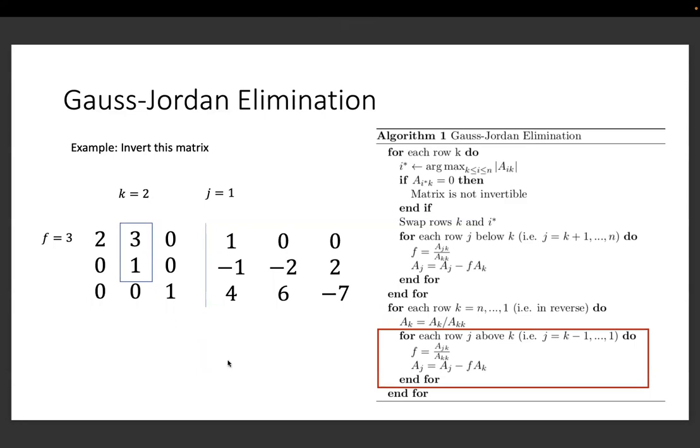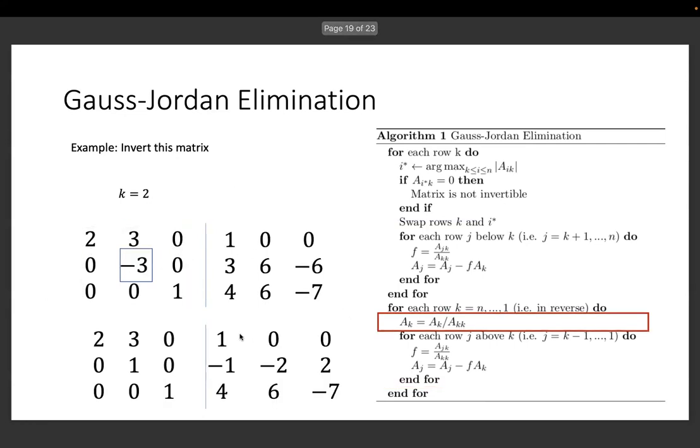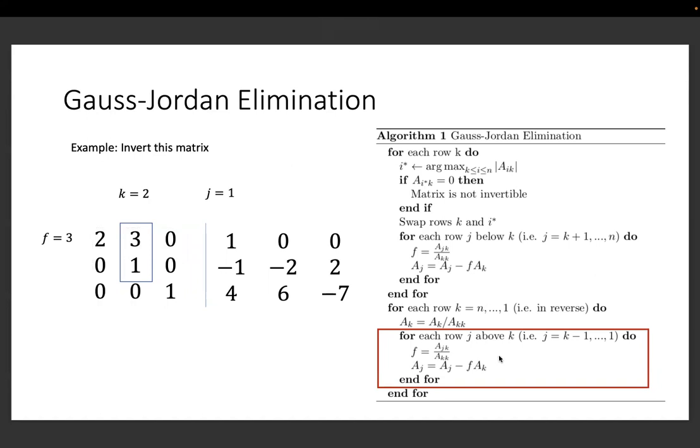So for example, here we just need to make sure that 3 is going to change to 0, and then 2 should be converted to 1. So in the next step, j is equal to 1 because k is equal to 2, and then j is equal to k minus 1.